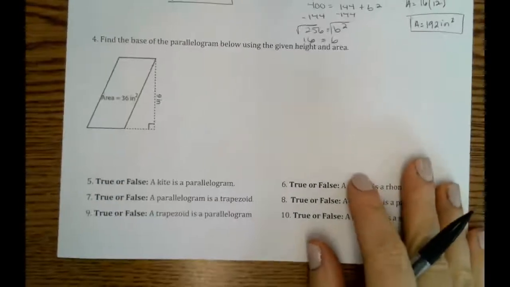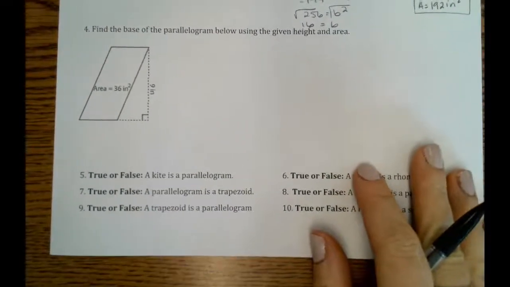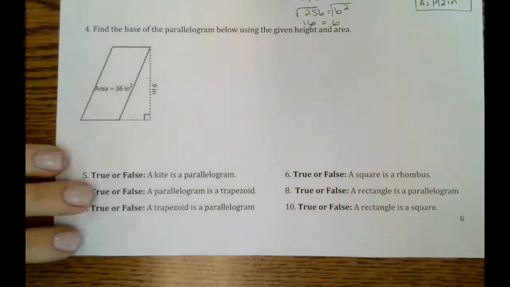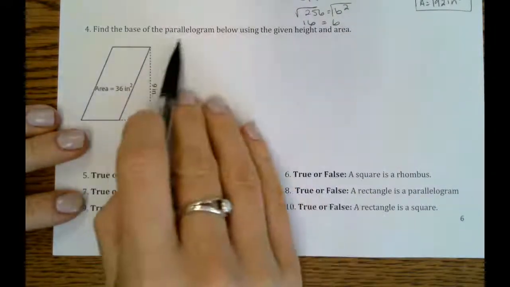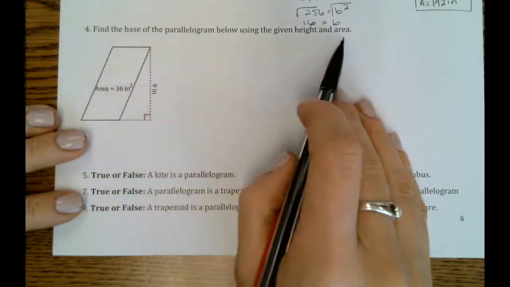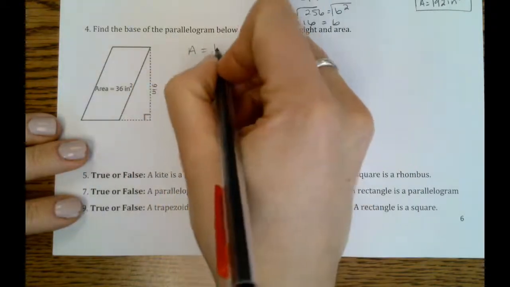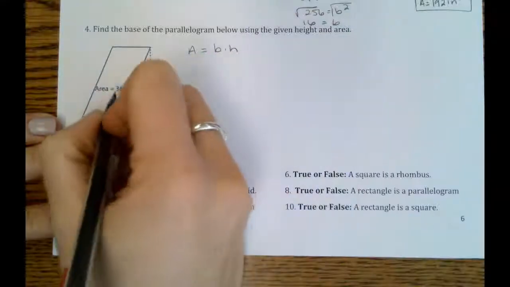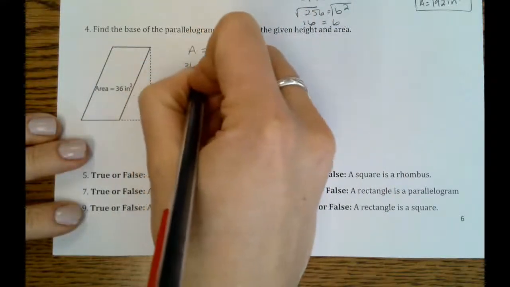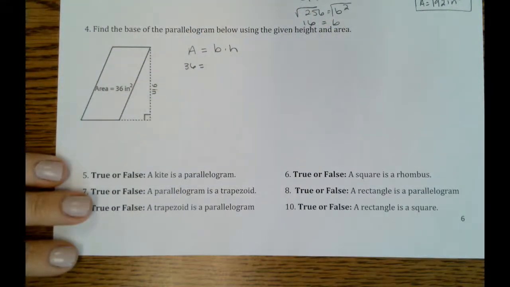Okay, let's take a look at number 4 here. Find the base of the parallelogram below using the given height and area. So area equals base times height, right? And we're given that the area is 36. I'm going to plug in 36 for my area.